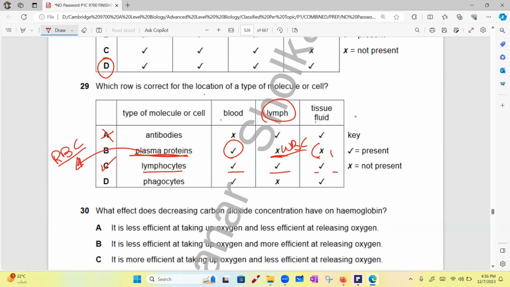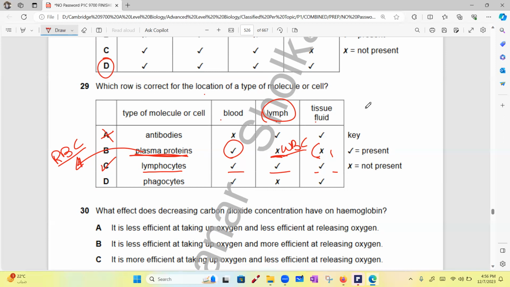Like the neutrophil at the time of infection, it can squeeze out of capillaries to go and do phagocytosis. We will study that in immunity. So the proteins can be present at times of infection, but they did not specify which type of protein. If they had said red blood cell, it will never be in tissue fluid and will never be in the lymph, but they just said proteins.